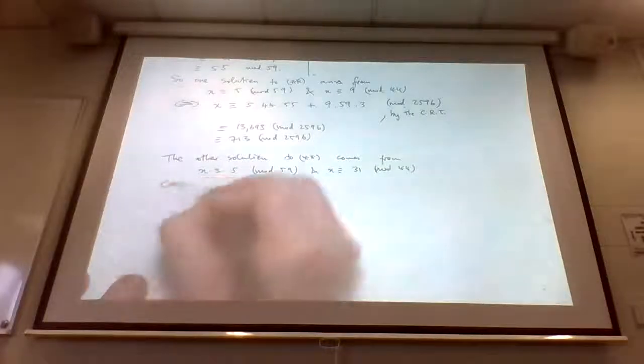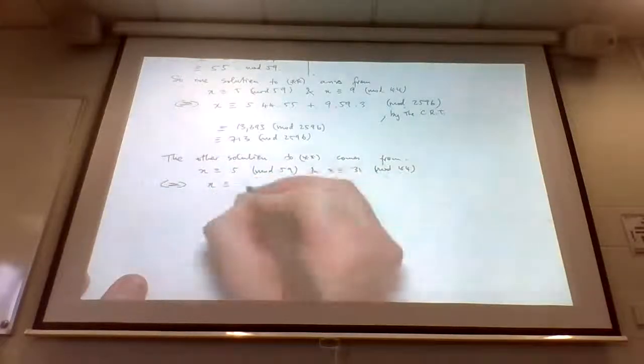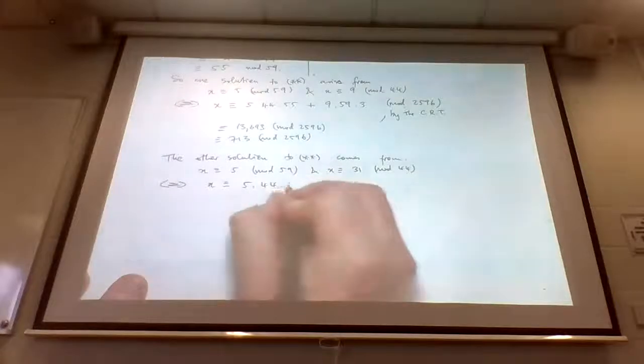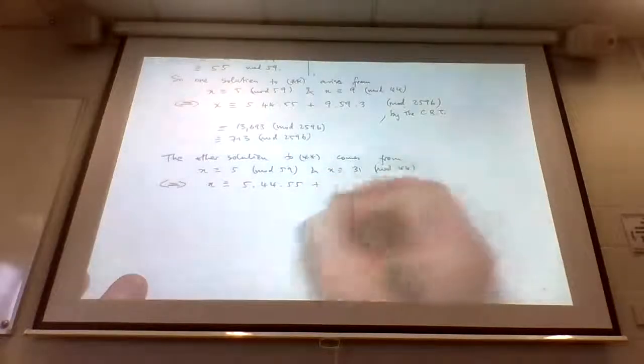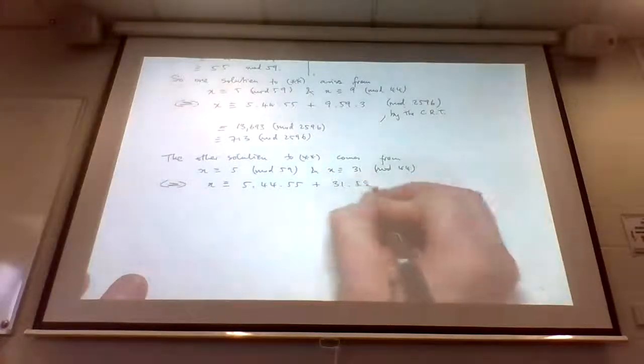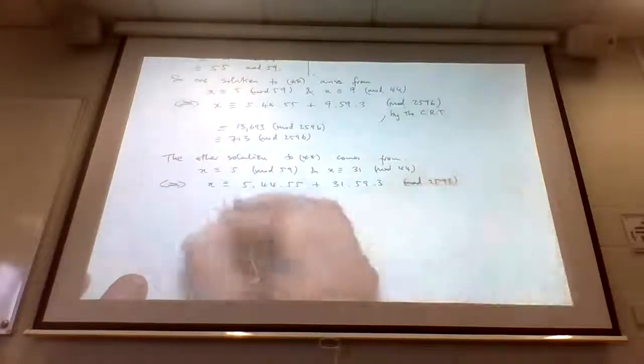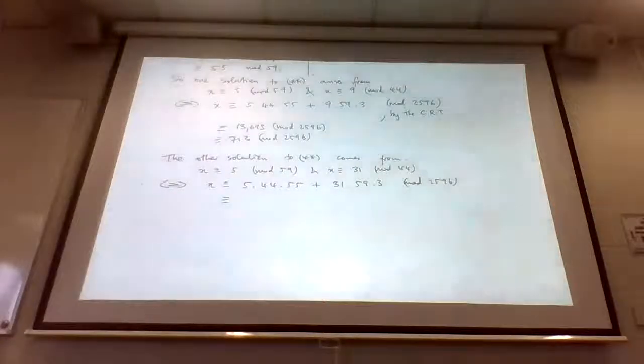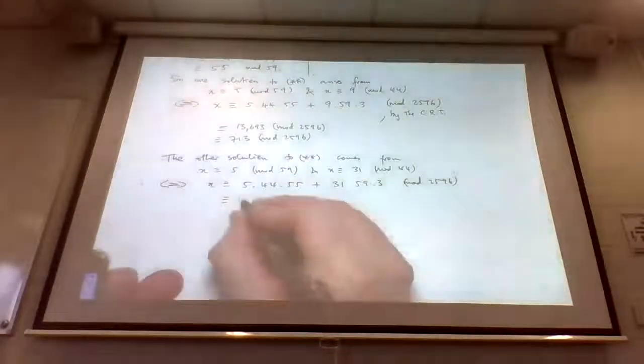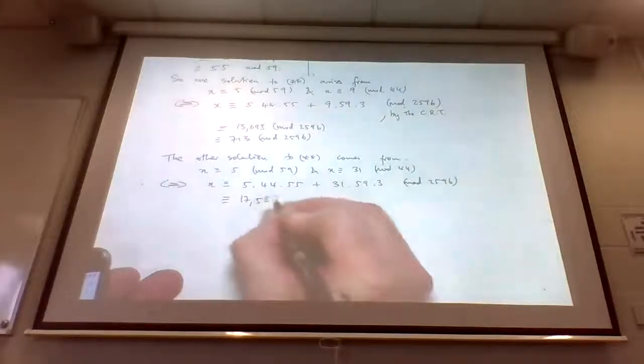And that's equivalent by the CRT to 5 by 44 by 55 plus, this time, 31 by 59 by 3, which seems to be 17,587.